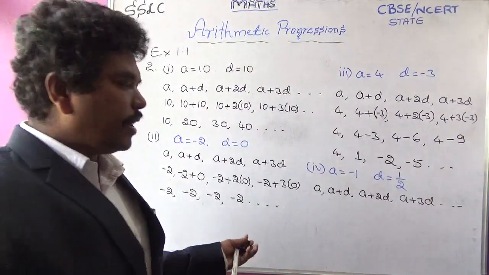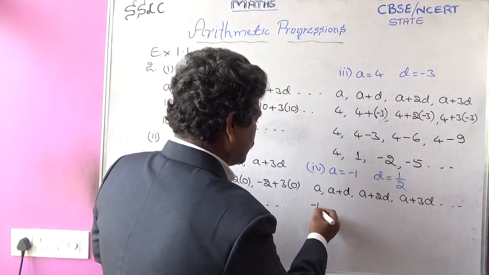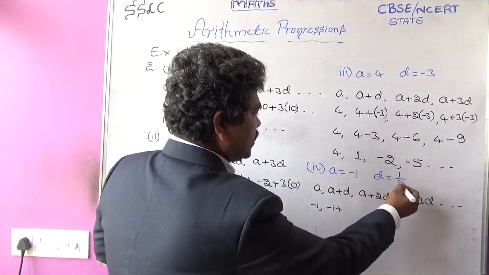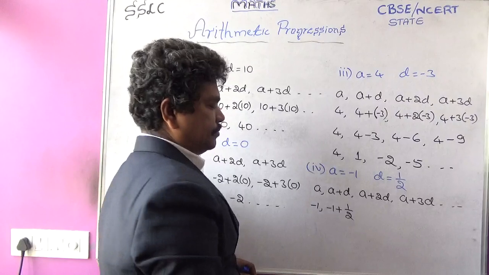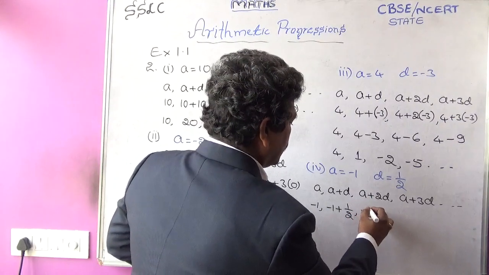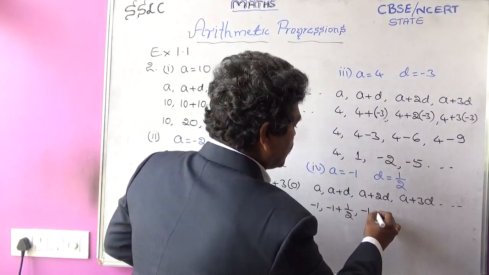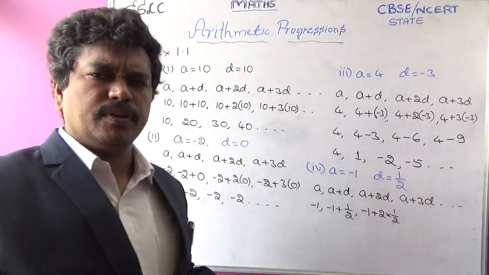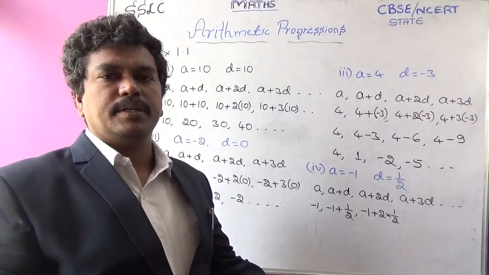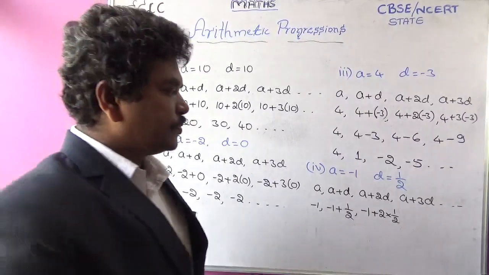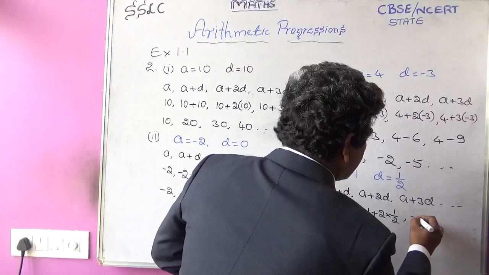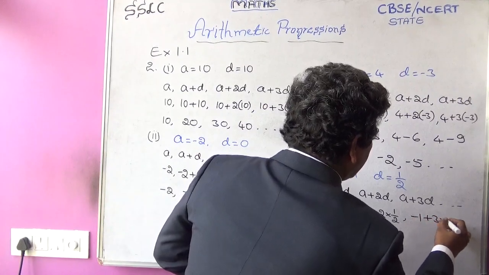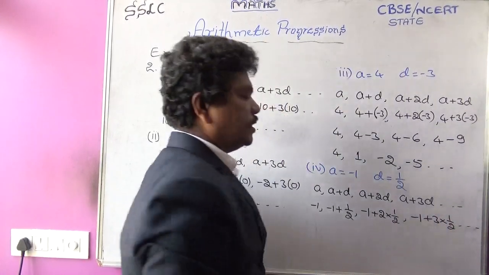Now I substitute the values here. A is -1 and here also A is -1, D is half. So now we take A is -1 plus 2 into 1/2. You can write it in the bracket or directly use the symbol into. Then A is -1 plus 3 into 1/2 and so on.